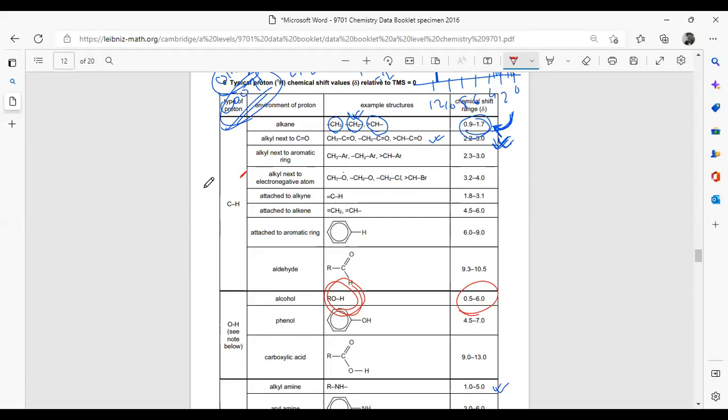Because carboxylic acid, as I've mentioned, COOH also gives a singlet, and that could be possible if this was the case: CH3, this CH2, and this COOH. For this one also we would have 3 environments: one for this, another for this, another for this carboxylic acid. That's also possible. So how can we deal with this? Let's see if there was a carboxylic acid in this case or not.